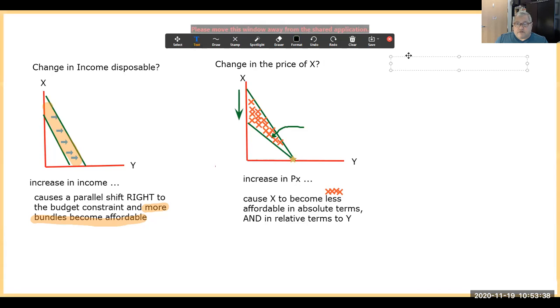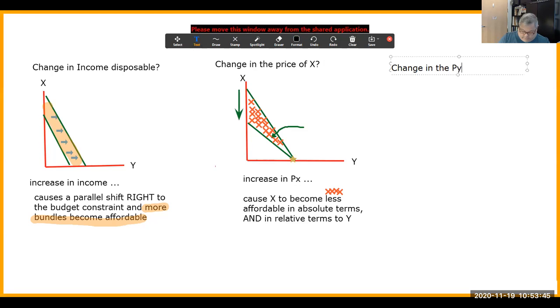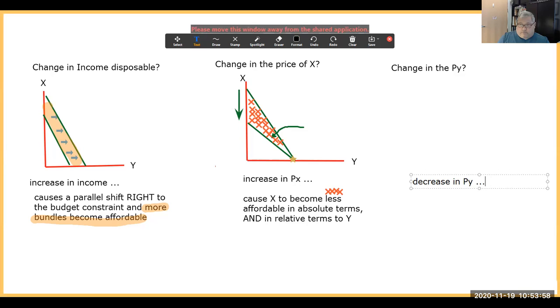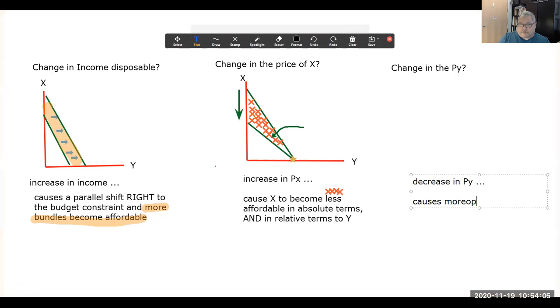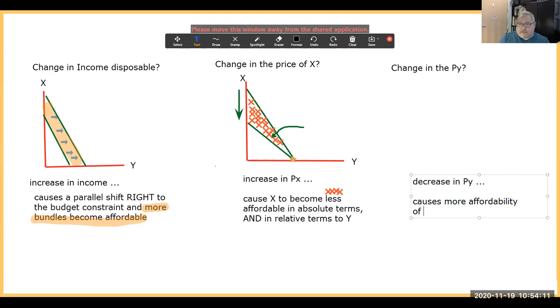So I'm going to create a third graph where we're looking at a change in the price of Y. And specifically, we're going to look at a decrease in the price of Y. And what that causes is more options, more affordability of Y in absolute as well as relative terms to the consumption of X.